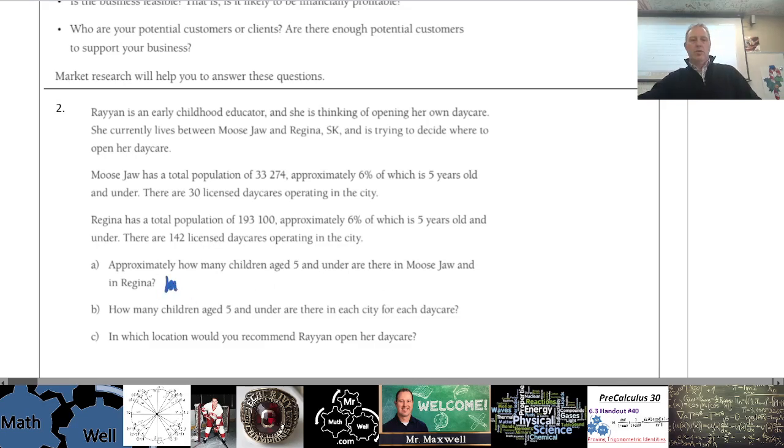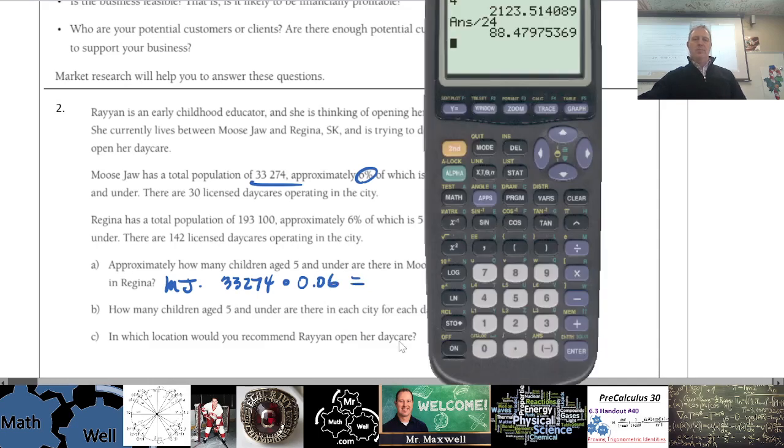Okay, so Moose Jaw, we need to find 6% of this number, 33,274. So let's go, 33,274. What am I going to multiply that by to find 6%? Right, and I use a decimal form of that number, right? So you're going to do that. Let's test that out.